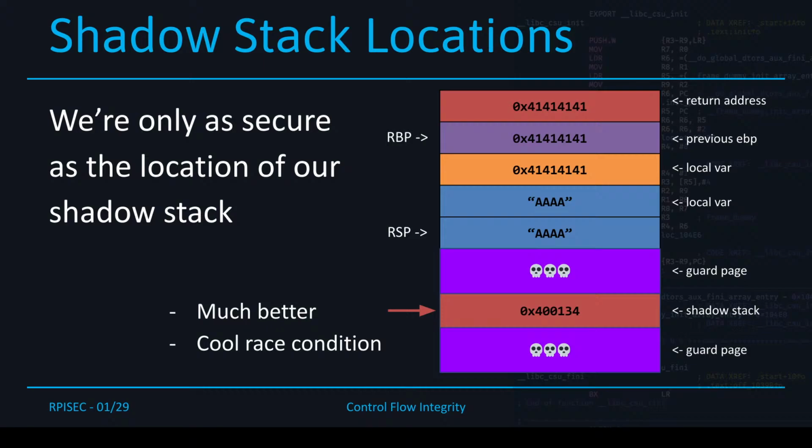And we will sandwich our shadow stack in between these guard pages. So if an attacker is scanning through memory and looking for this shadow stack, they're going to hit one of these guard pages first, and they will have that program killed on them. So that's a really cool idea, and that's much more effective.